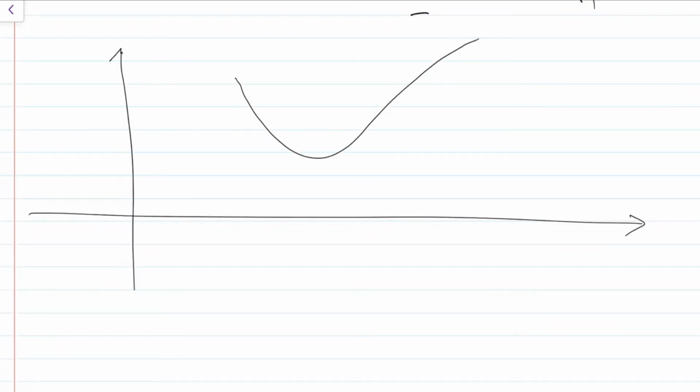Similarly, see the graph of this function. Now, if you draw a tangent at the local minima point, obviously the first derivative will be 0 because the tangent is parallel to the x-axis. Now the graph just before this point, say x equal to c. Just before x equal to c, if you draw the tangent, it will go like this.